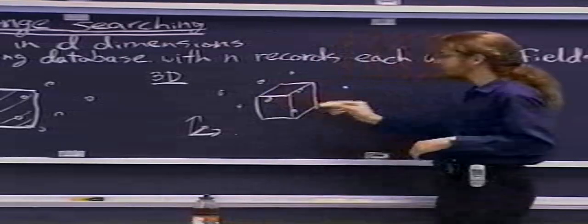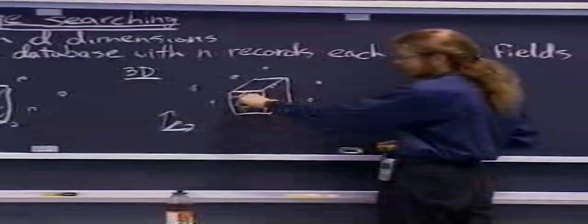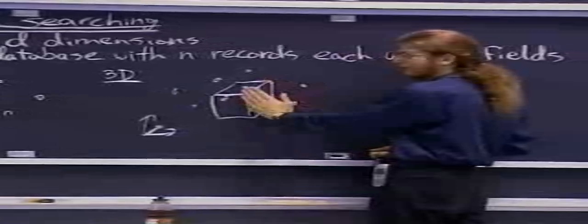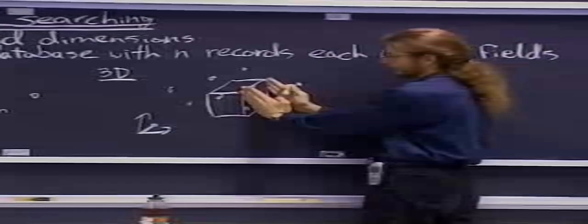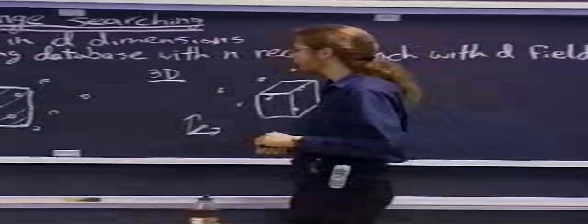You want to know all the points in that box. So maybe I want the set of restaurants that's in this rectangular region, and the price range is somewhere in here, in the z dimension. So that's a very simple kind of database query. It comes up all the time. It's probably one of the most important database queries. And the question is how to solve it.